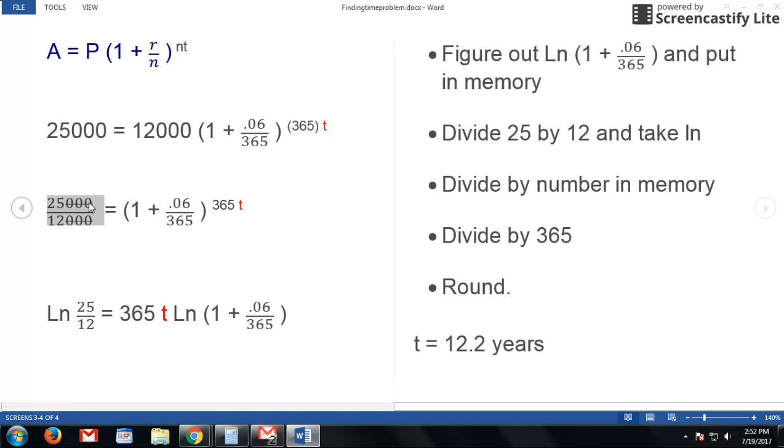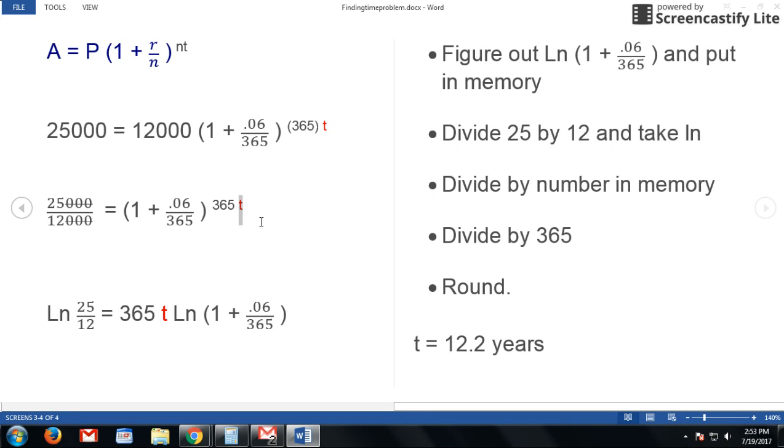Notice that these zeros can be canceled out, and we end up with 25 over 12. We're going to handle that with our calculator a little bit later, but let's keep in mind that we've just got 25 over 12 on the left-hand side. On the right-hand side, the 12,000 is gone, and so I've just brought down the remaining stuff. We've still got this t as part of our exponent.